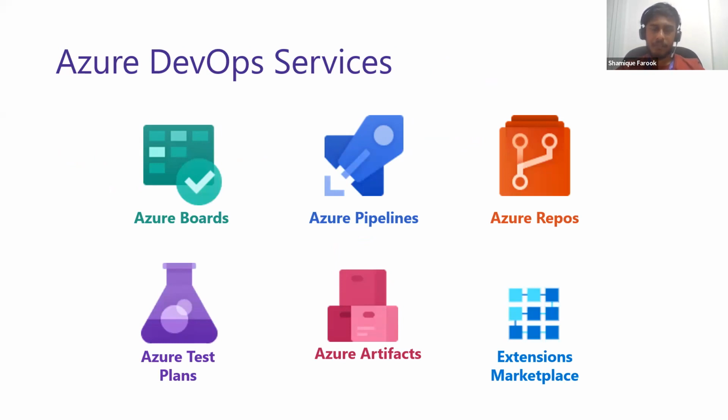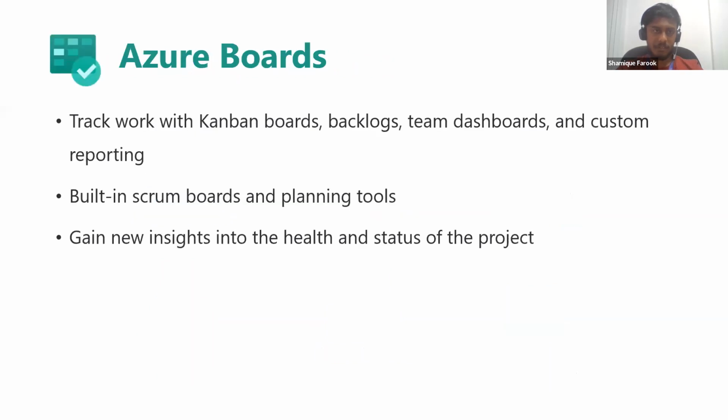We have Azure Pipelines for continuous integration and continuous deployment, and Azure Repos for Git management. Then we have Azure Artifacts for package deployment. And finally, we have the extension marketplace, which offers a wide variety of extensions that we can embed into our DevOps process.